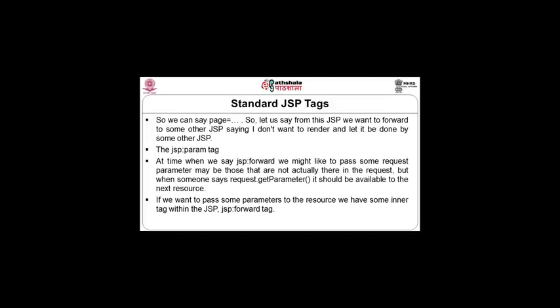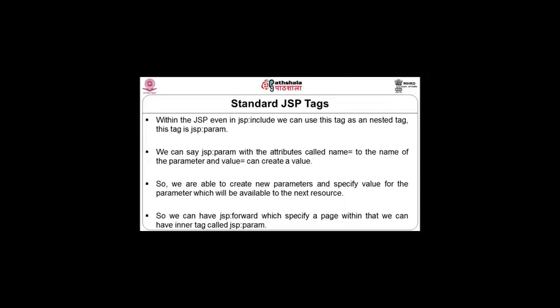But when we do this, at times when we say jsp:forward, we might like to pass some request parameters, maybe not actually there in the request, but available to the next resource. When someone says request.getParameter, it should be available. If you want to pass on some parameters to the resource, we even have an inner tag within the jsp:forward tag, and not only in jsp:forward but also in jsp:include, as a nested tag.